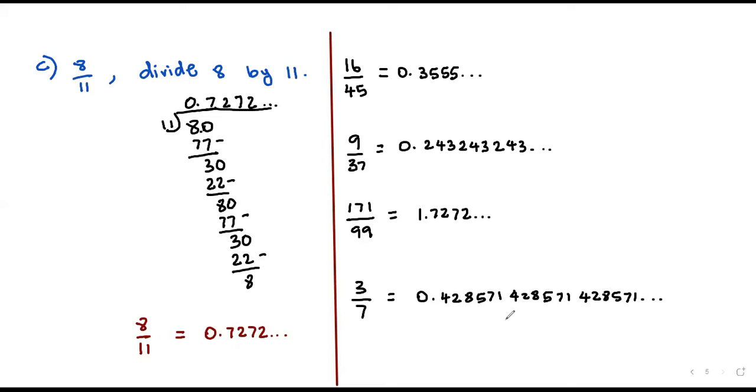You understand that, student? Yes. Now, I want you to note that this kind of decimal, this one, this one, this one, and what we have seen in A, B, and C, these are called repeating decimals.